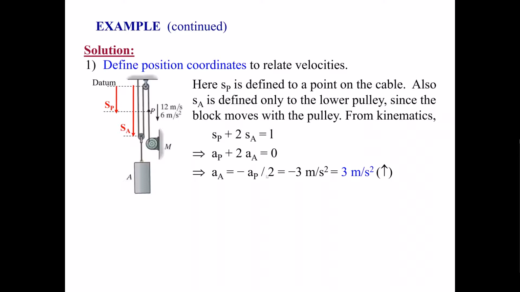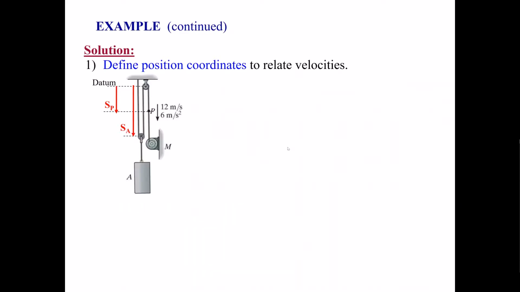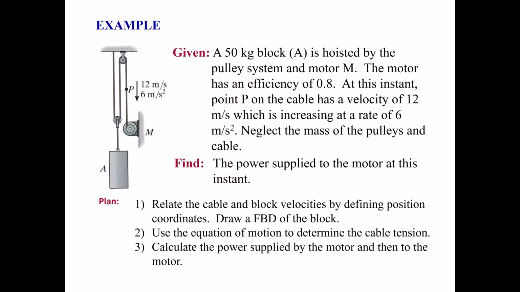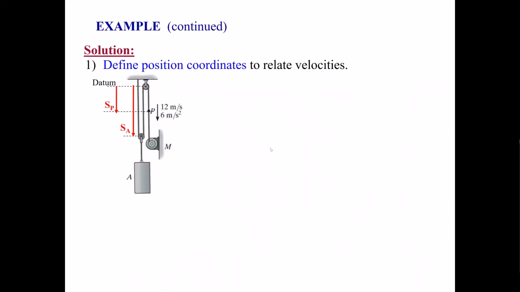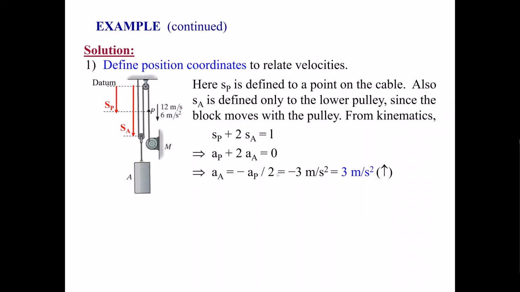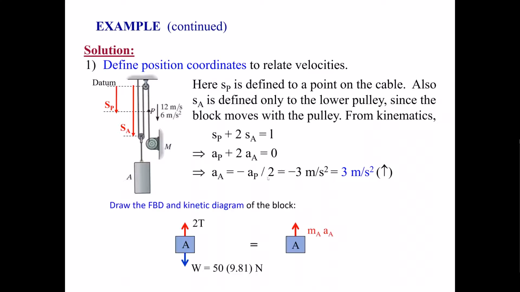Okay, so we're already given information related to this. Going back and looking at the problem statement, point P is increasing at a rate of 6 meters per second squared. So that's the acceleration of point P, and we're going to use that to come up with the acceleration of point A.